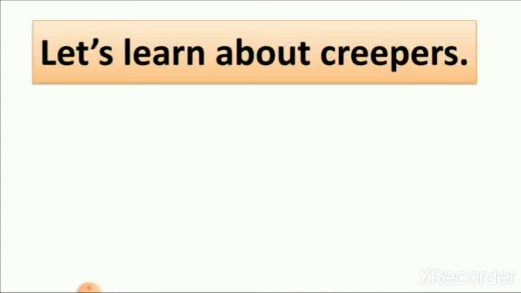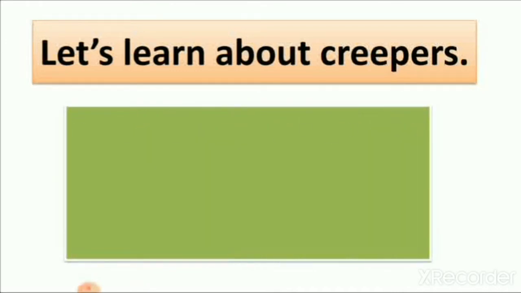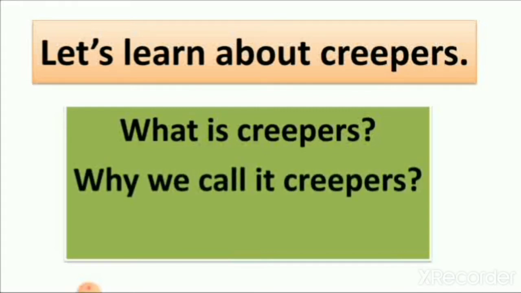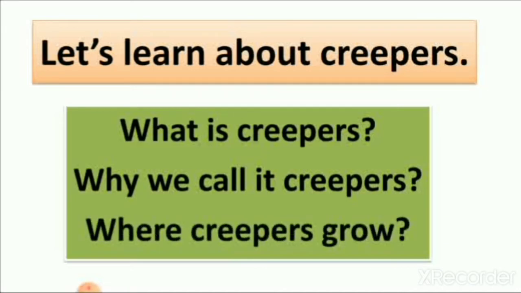Now let's learn about creepers. So today we learn about creepers. In this lecture we learn what a creeper is, why we call it a creeper, and where they grow.